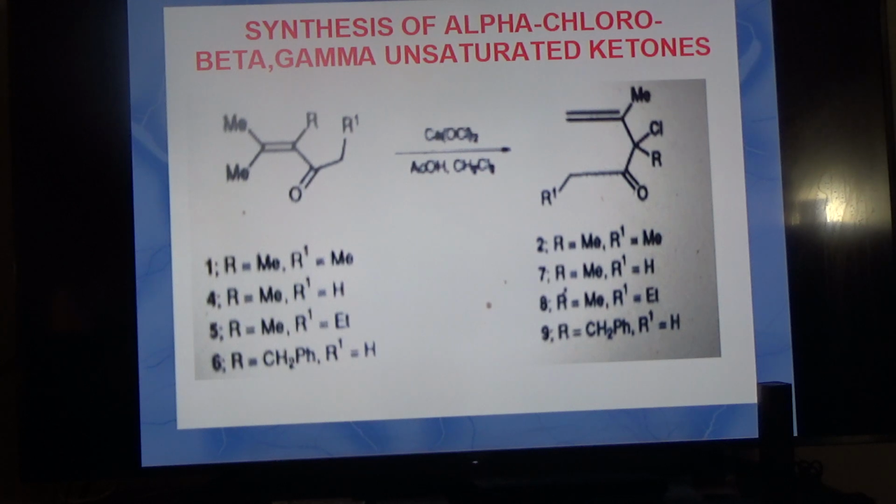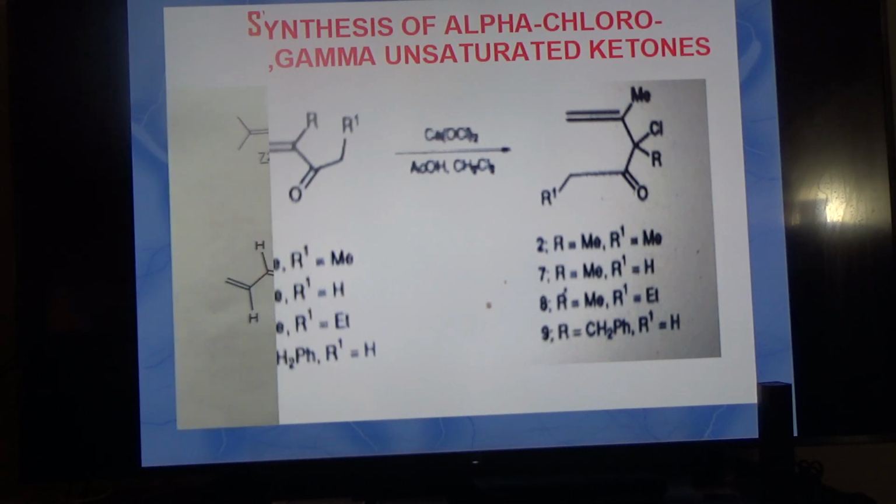When R is benzyl and R1 is H, you get benzyl and H in the product. In other words, the benzyl group is attached to the carbon to which chlorine is attached. So these are the 4 different unsaturated ketones, the chloroketones, that we synthesized.